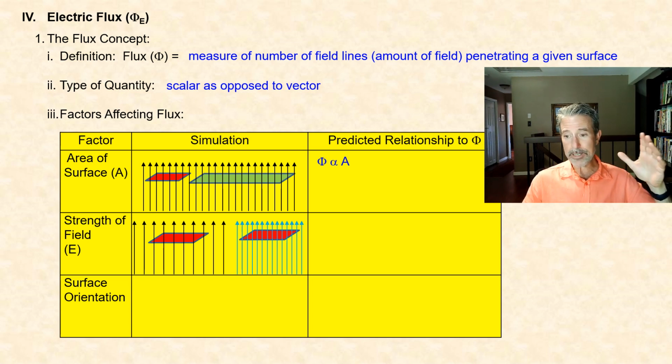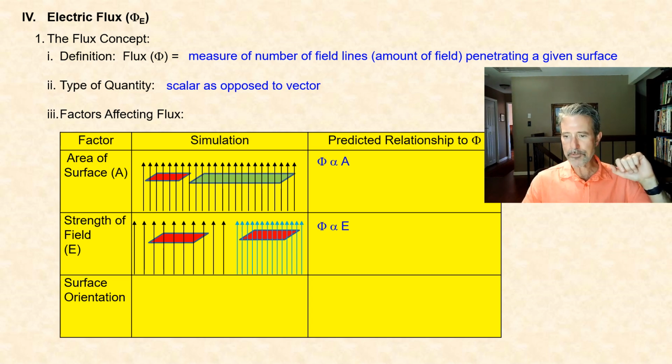Well, I think it's pretty easy to see that when you look at the weak field on the left, there are fewer field lines penetrating that surface than there are with the field on the right. We would expect then that there should be a direct relationship between the flux of a field and the field strength. In this case, we're talking about the electric field strength. The greater the field strength, the greater the number of electric field lines that will penetrate a given surface.